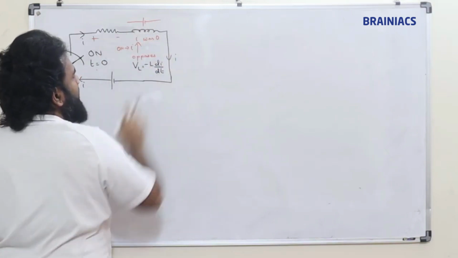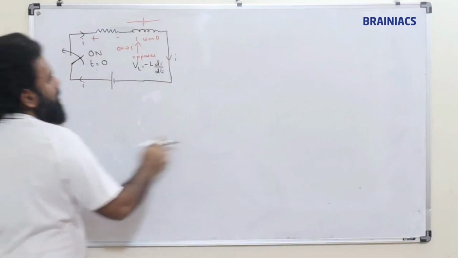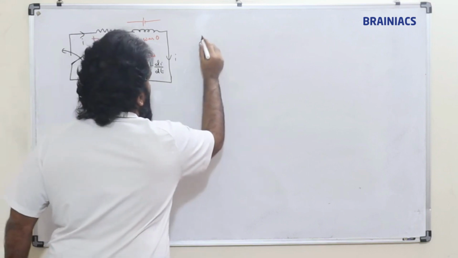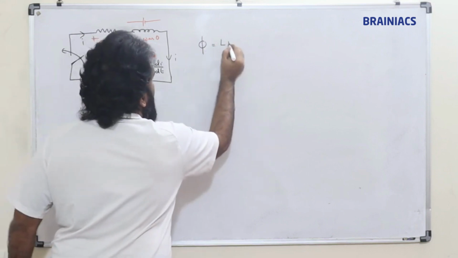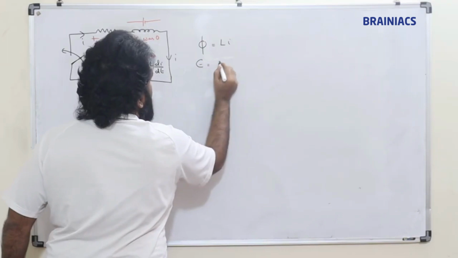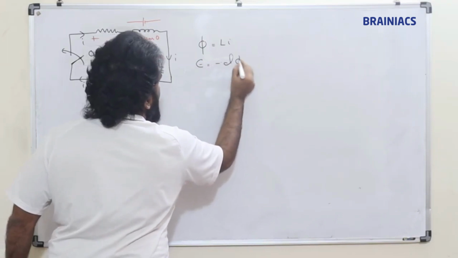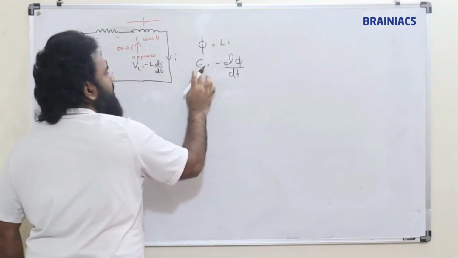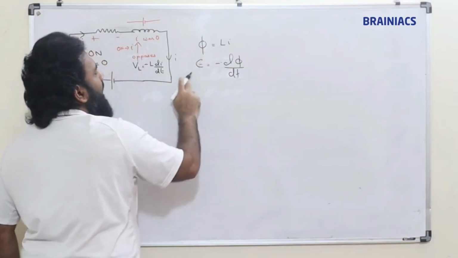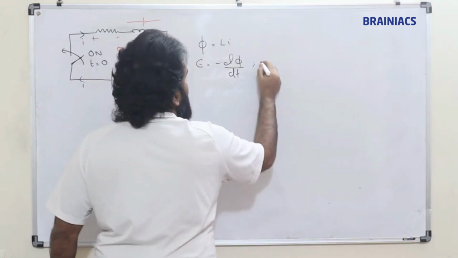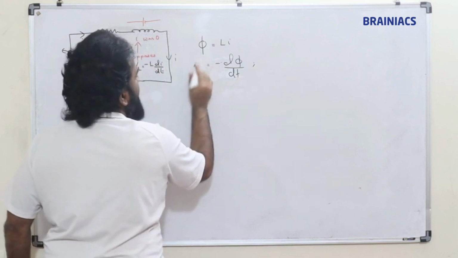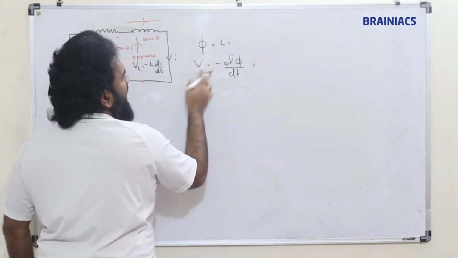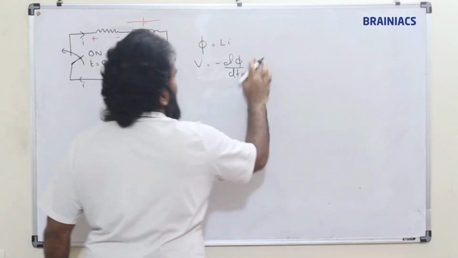When we move in this direction along the current, phi is equal to Li. EMF is equal to minus d phi by dt. That means, due to the current in the inductor, V or E, anything, in the inductor is minus d phi by dt.